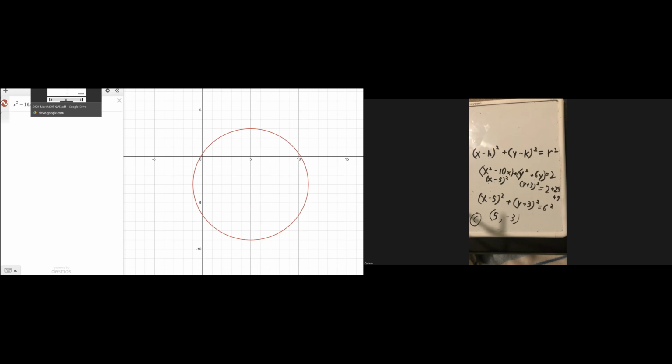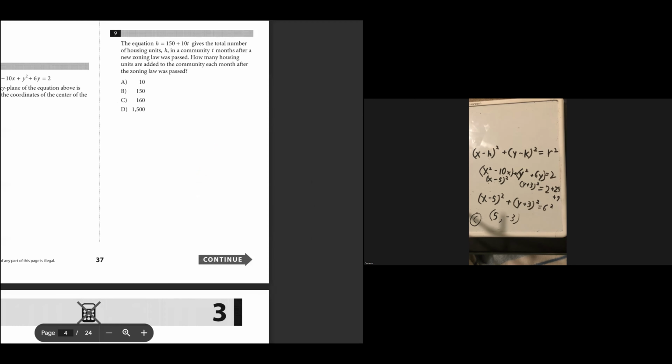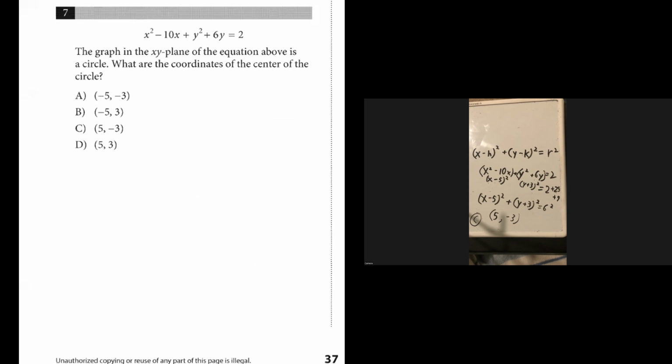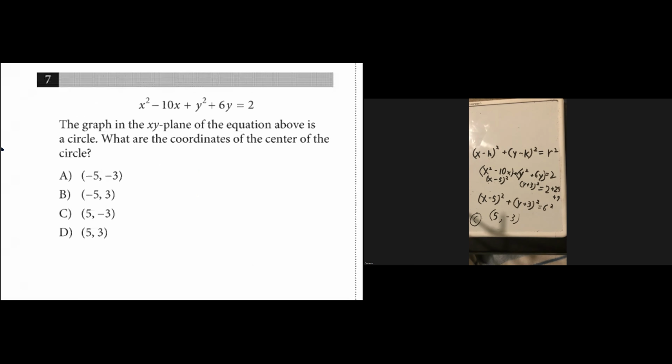Perhaps you could tell me where. Because what you might have done is, when you were taking this y squared plus 6y, you might have dropped the negative.